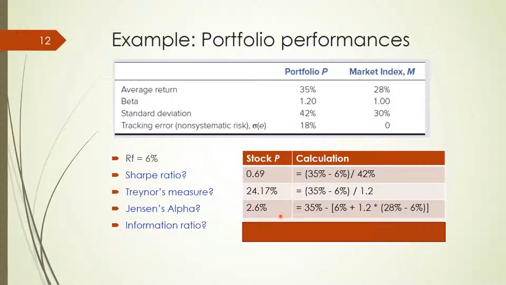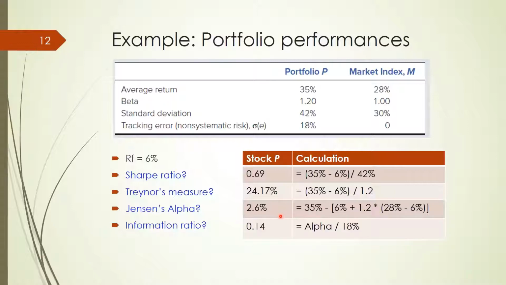Lastly, the information ratio, defined as Jensen's alpha over diversifiable risk. So that's 2.6% over the tracking error of 18%. The information ratio is 0.14. But having the metrics for one portfolio is not very meaningful because we need to use the metrics to compare across multiple portfolios.